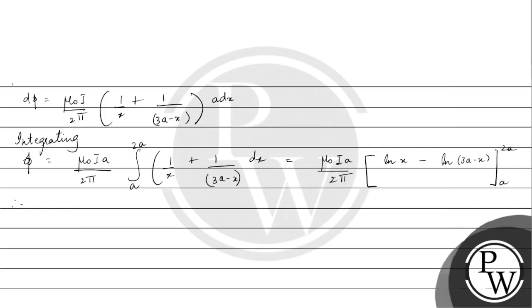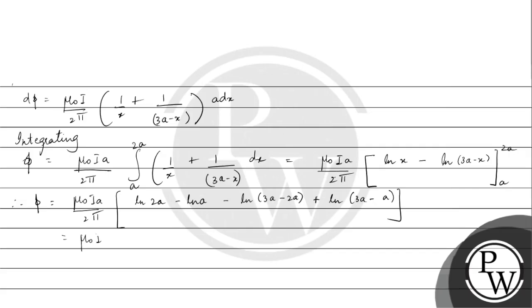So phi will be mu naught I a by 2 pi into ln 2a minus ln a minus ln 3a minus 2a plus ln 3a minus a.